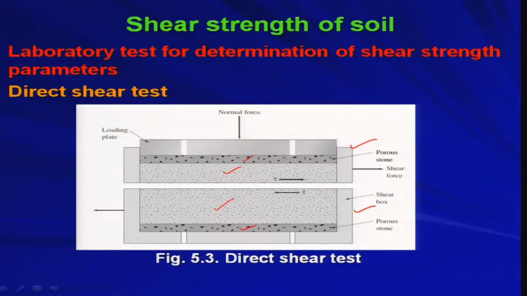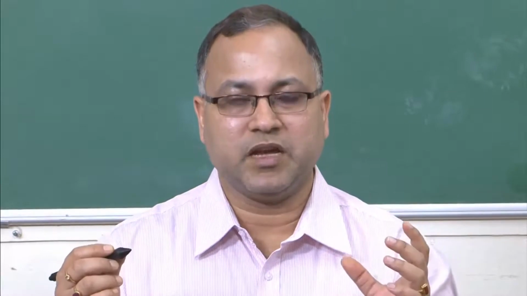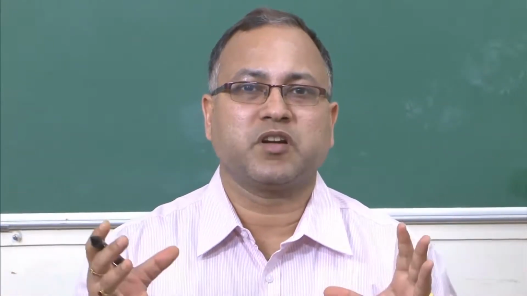Similarly, you put another porous stone at the bottom, with the same function of dissipating water from the soil body. So the things will be completely effective, because you are not allowing any pore water pressure to build up in the soil matrix.